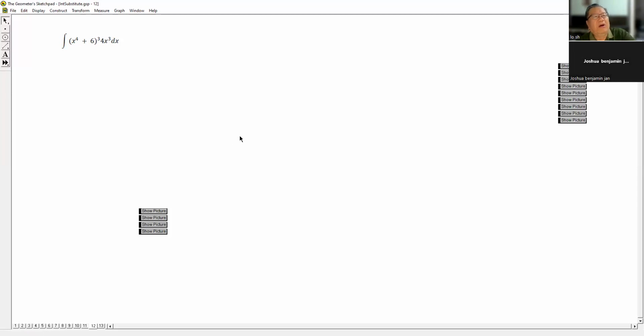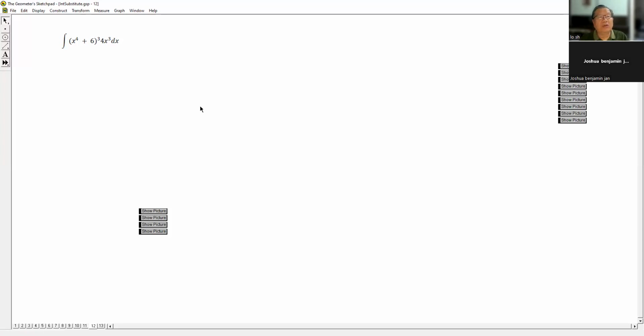Then you may worry, hey, there is this 4x cubed there. Is it going to pose a problem when we try to integrate? You don't worry about this 4x to the power 3, because when you use the substitution, x to the power 3 dx will become du. So you are actually integrating u to the power 3 only.